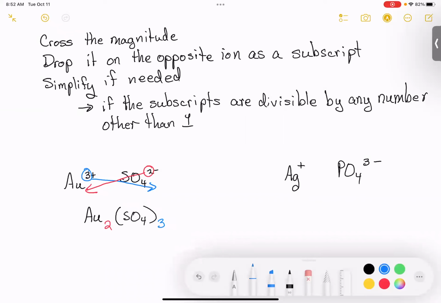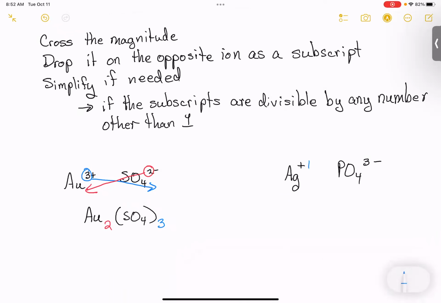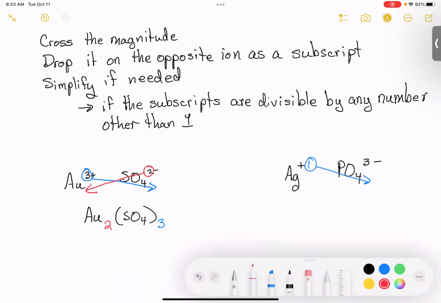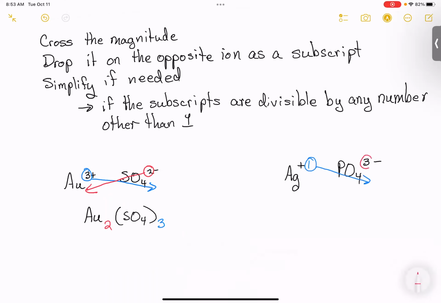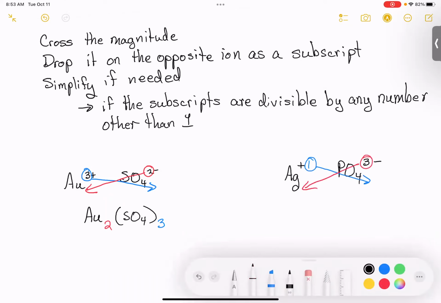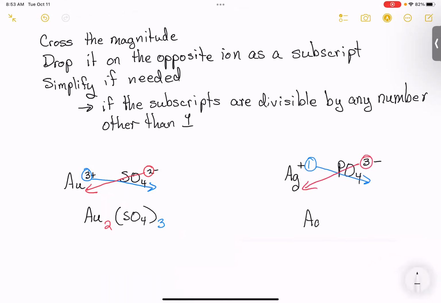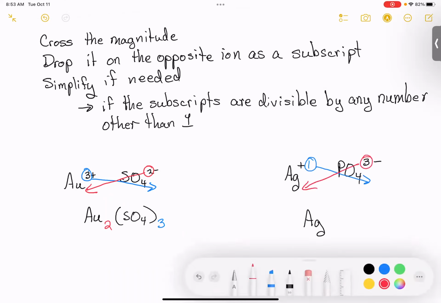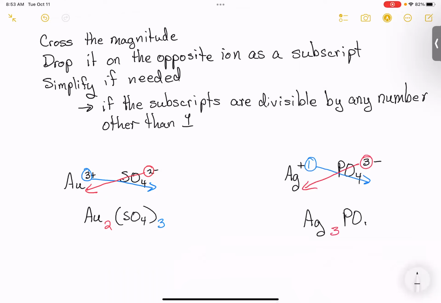So I'm going to cross. There's a 1 here, even though it wasn't showing. I'm going to drop it onto the phosphate. I'm going to take the 3 of the phosphate and drop it onto the silver. So I'm going to have Ag3PO4. And since it's only 1, we don't have to put it in parentheses.